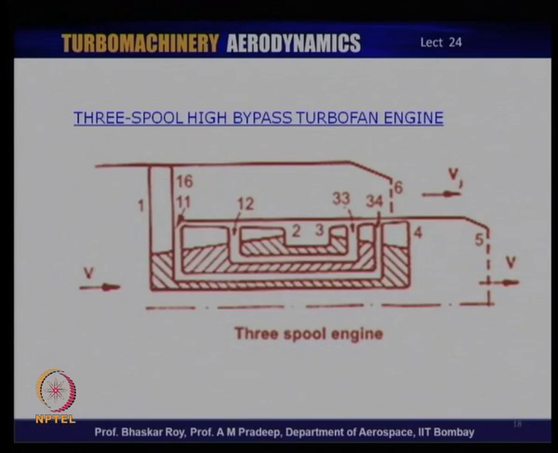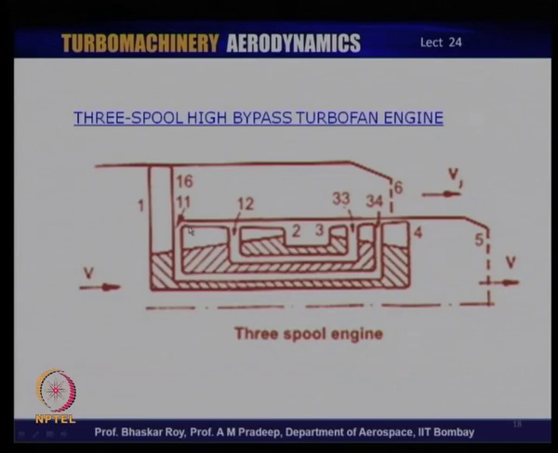This is just a quick look at what could be a possible 3-spool high bypass turbofan engine. As you can see here, we have 3 spools. This is the innermost spool of HP compressor and HP turbine. In between, of course, you have the combustion chamber, and then you have the intermediate spool of intermediate turbine, which runs the intermediate compressors.